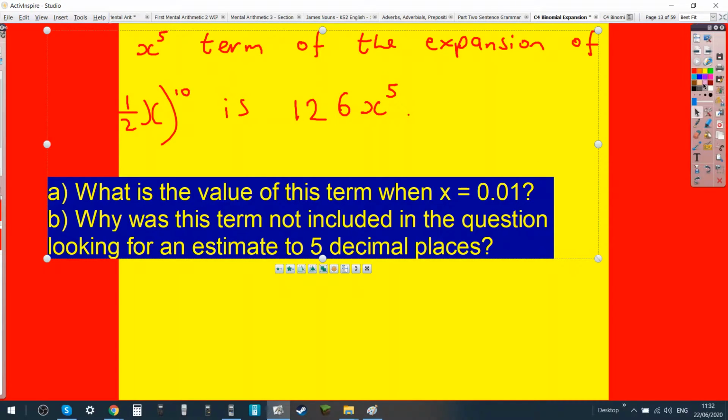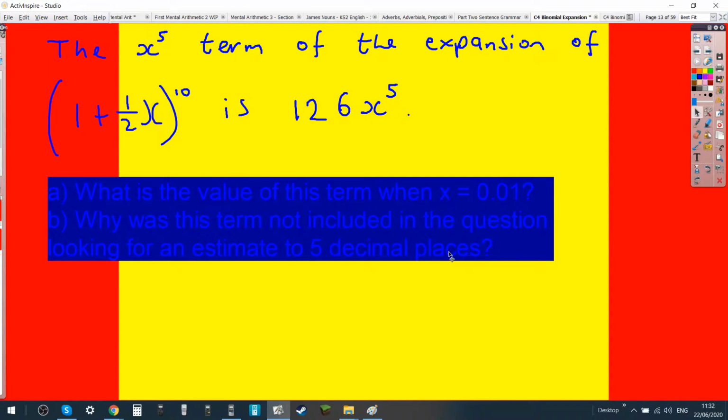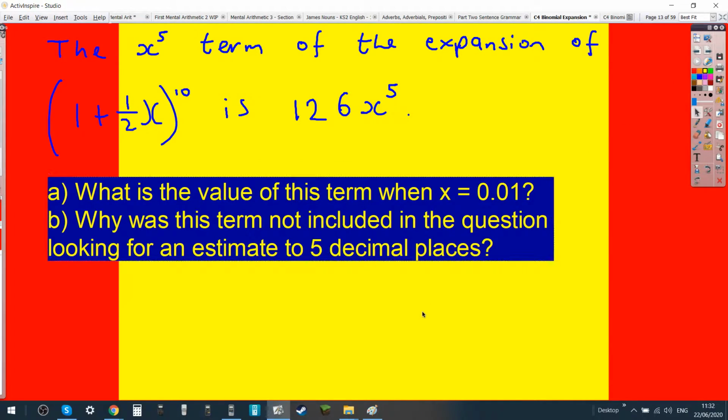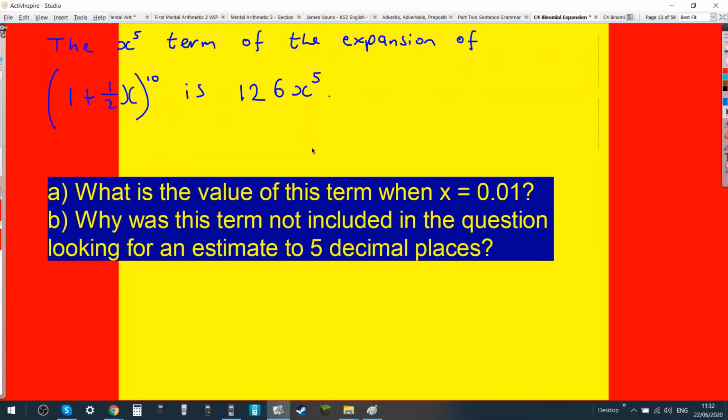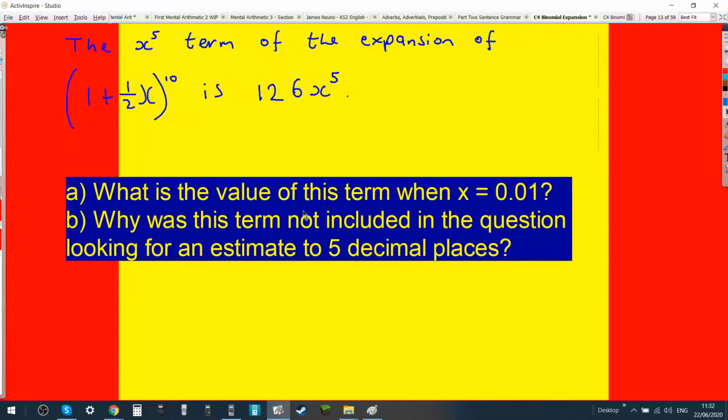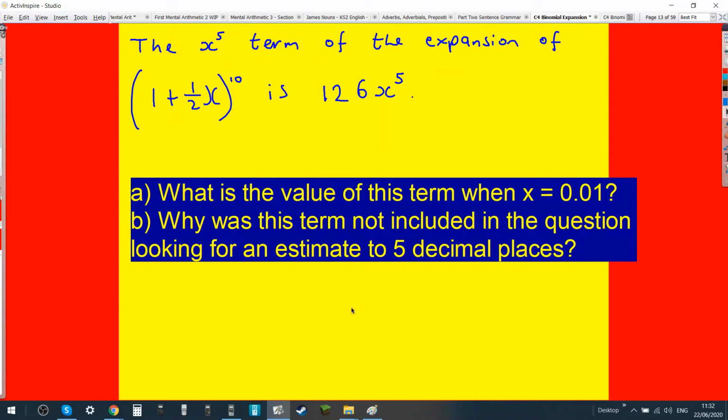Okay, how would we do this one? So do I need to do 126 times 0.01 to the power of 5?